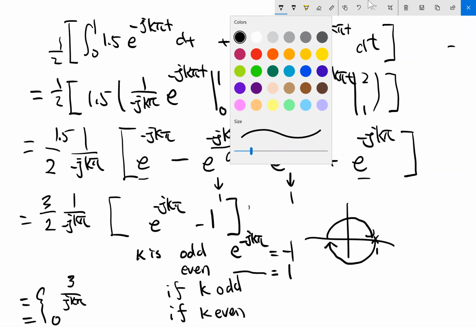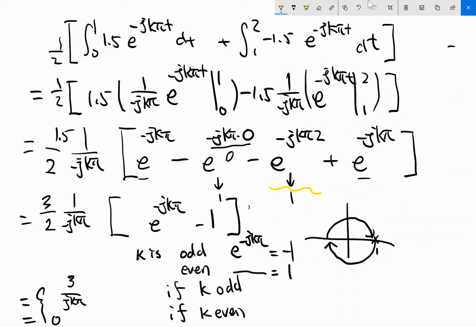Are you mentioning this part? Yeah, that part. Because 2 pi means rotating the whole circle, returning to the original place. So you're back to zero. It is 1 rotated by whatever number of cycles back to 1, so it is still 1.